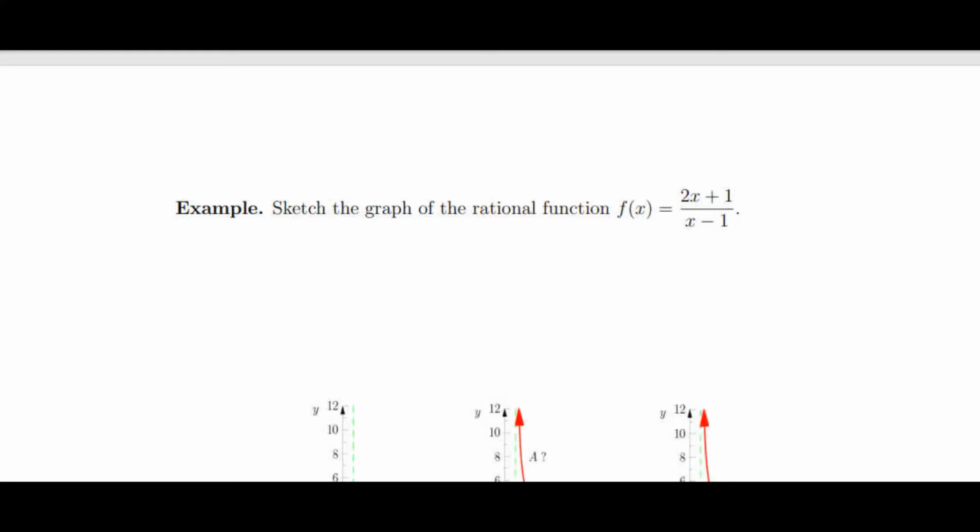So for this function, (2x plus 1) over (x minus 1), if we want to sketch the graph, at first we find those asymptotes. The vertical asymptote is x equals 1, and the horizontal asymptote is y equals 2, right? Just 2x over x.